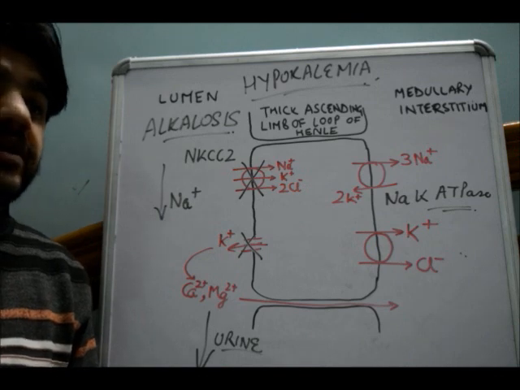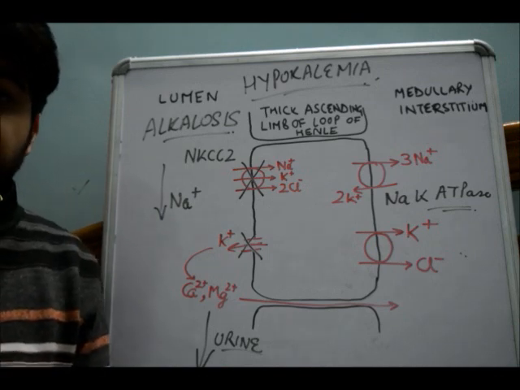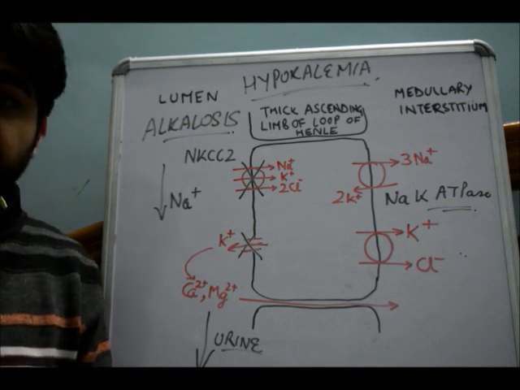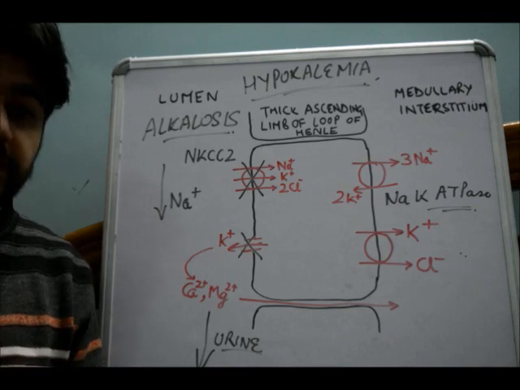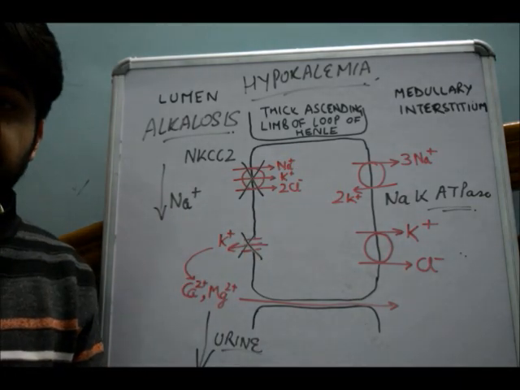So they lead to increased uric acid reabsorption in the proximal tubule, and whenever uric acid is more reabsorbed, there will be chances of hyperuricemia. So that is also one important adverse effect which you can see with these agents.